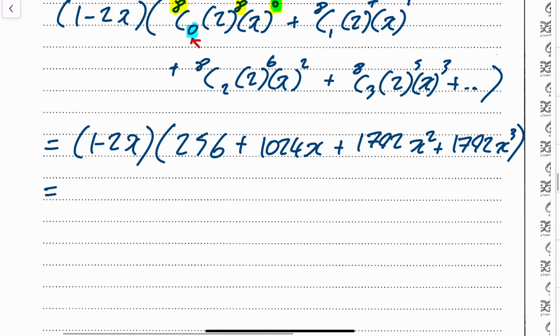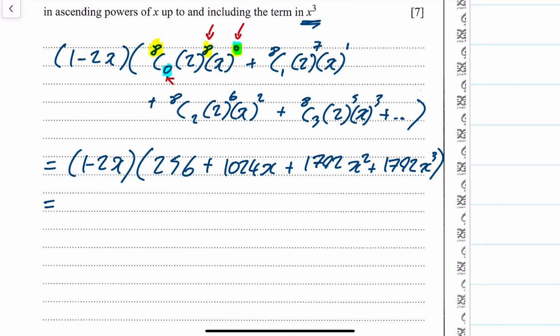Now what we're going to do is multiply out. So we multiply these terms, see what we get. Multiply everything by the 1, you'll have 256 plus 1024x plus 1792x squared plus 1792x cubed.